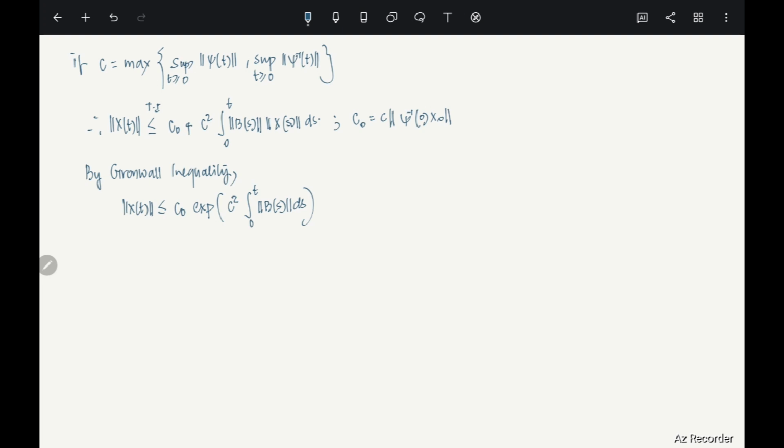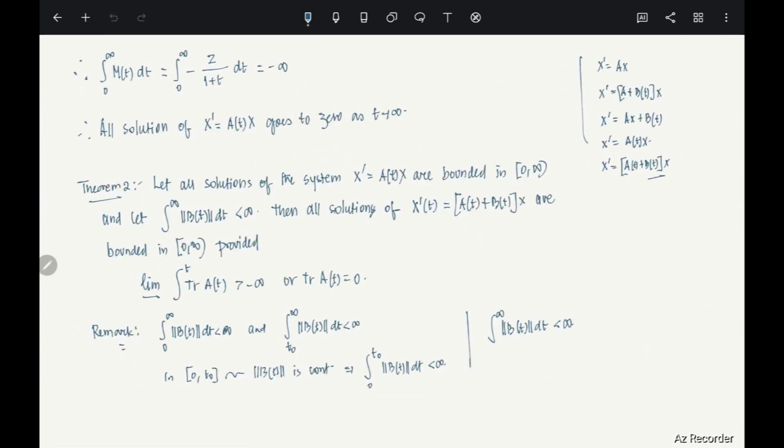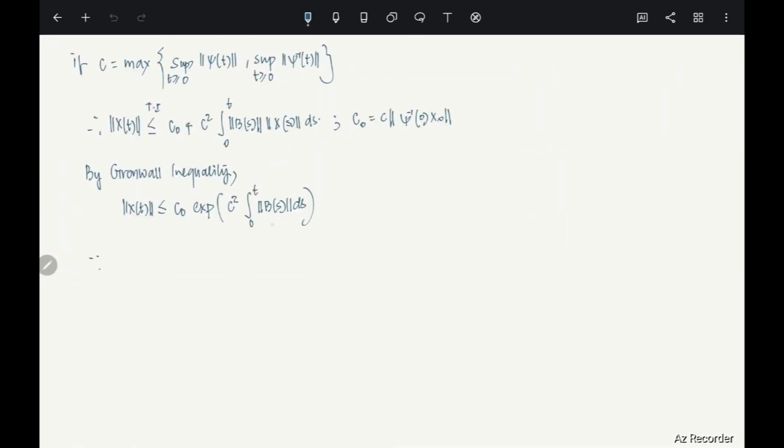This is what I wrote as C naught. Now, you remember the assumption on b of s? The integral of b of s is finite. So the exponential of a finite term is bounded, so x of t is bounded.